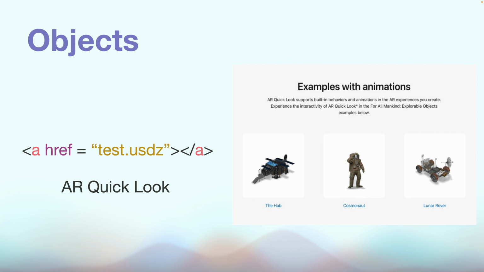That's all you need to write into your HTML file. And if you use AR Quick Look on Safari, usually on your iPhone or iPad, you can have a super quick glance at what the model will look like. Unfortunately, this is not supported on Google Chrome or some other browsers, but it has very good Apple compatibility.